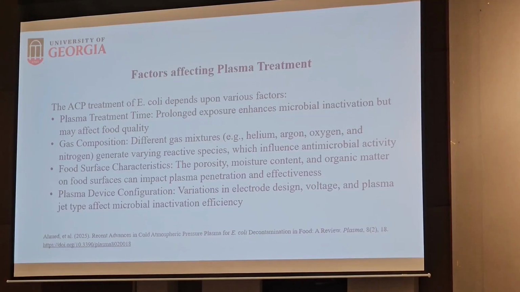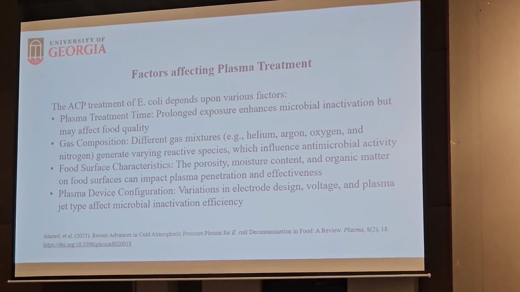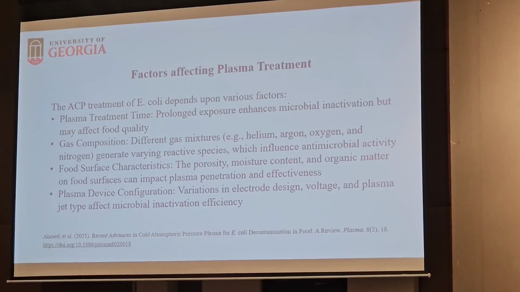Food surface characteristics, if you are treating produce, or some people have used different steel surfaces, surfaces of conveyor belts and so forth. So those surfaces have certain characteristics because of their porosity, moisture content, organic matter, and so forth.